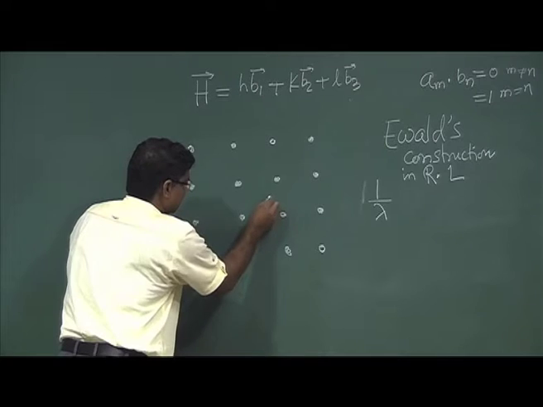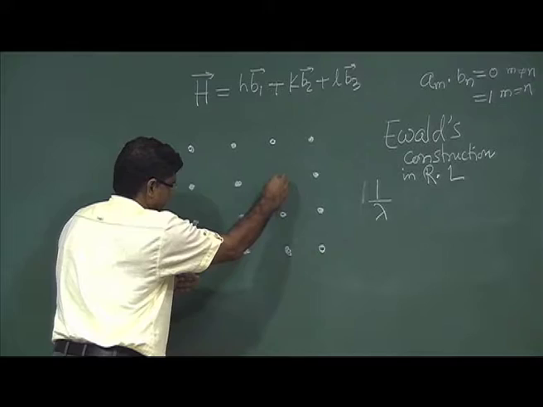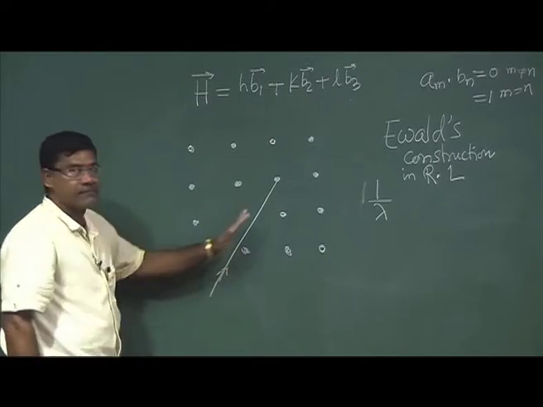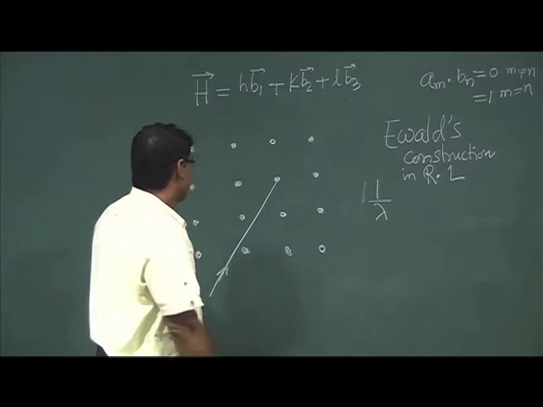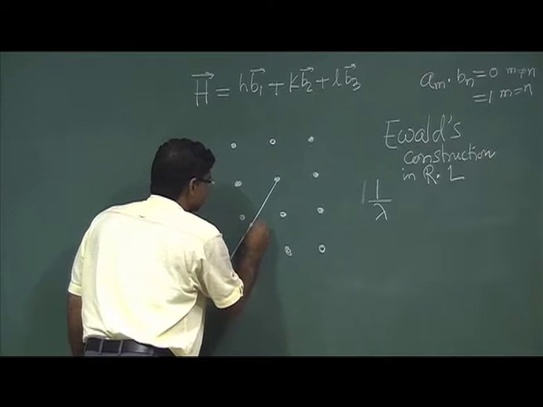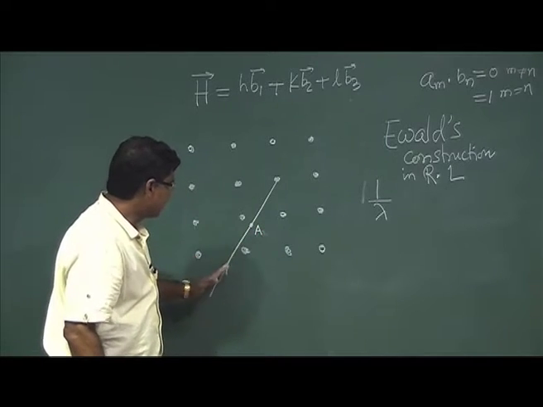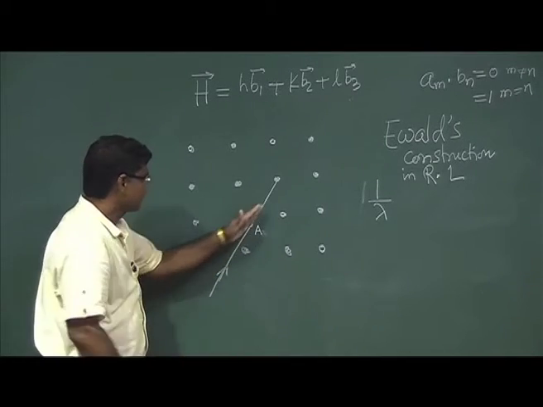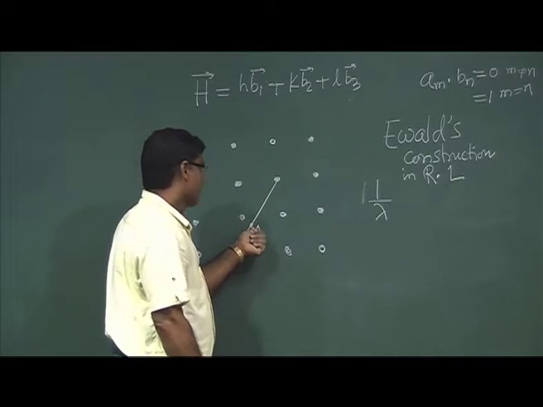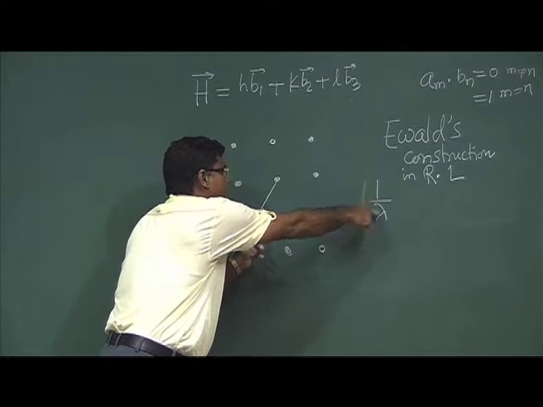So this is the direction of the incident X-ray, and take any point A. From point A, in the direction of the incident X-ray, take a length 1 by lambda.